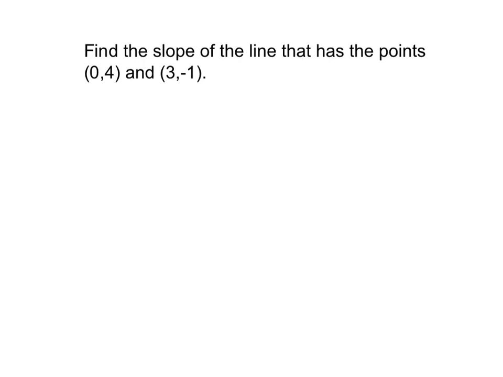All right, so here's another example. Find the slope of the line that has the points 0, 4, and 3, negative 1. All right, so let's just go ahead and say that this is going to be our first x and y values, and this is going to be our second x and y values. So when we use our slope formula, we know what to substitute, and we'll keep the same order.